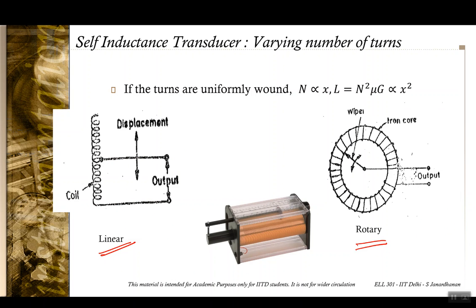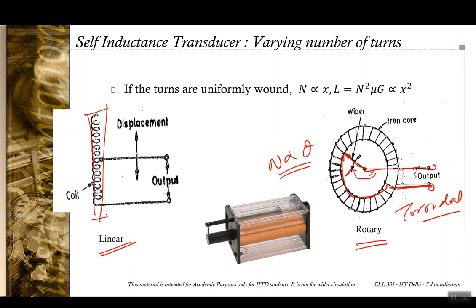So instead of winding the coil around a core that looks like a cylinder, you can have a toroidal core, and then wind it, and again have the wiper mechanism so that you can take the inductance across these two terminals. And the number of turns here again is proportional to the deflection theta, or this angular displacement theta.